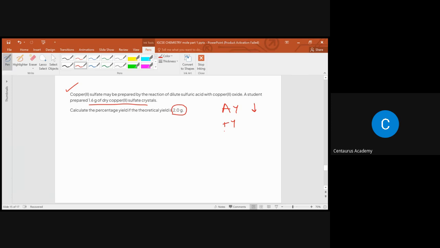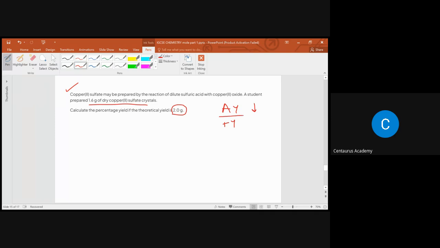But when you experimentally do that particular chemical reaction, the actual yield, or the amount of product which is received or produced at the end, comes out less as compared to the theoretical yield.